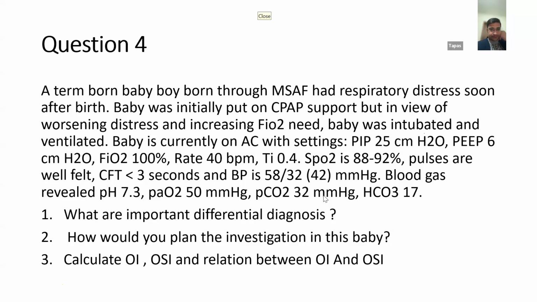And then how do we calculate in this case? All of you calculate the OI. To calculate the OI, you have to calculate the MAP first.